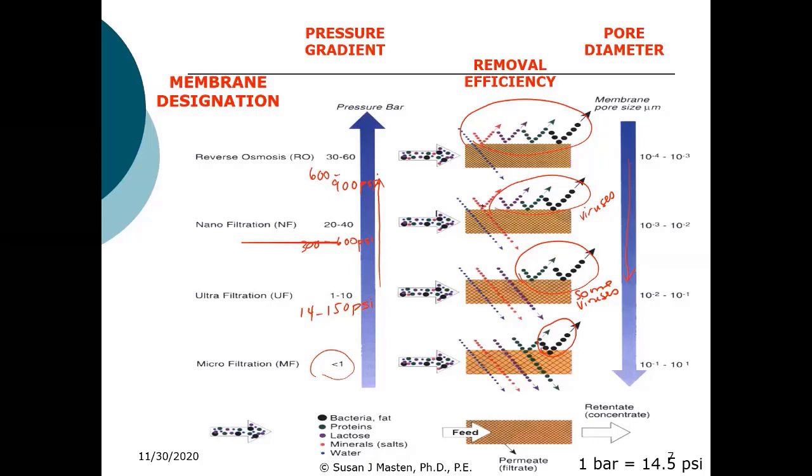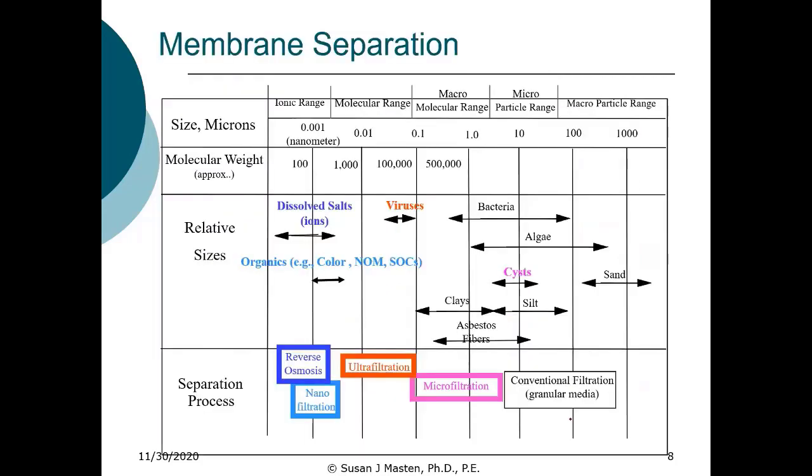We may be able to get some removal of these same ions with a tight nanofiltration. You can see there's some overlap in terms of both the pore diameter and the pressures that are used. This is just another image to show you what we're removing. We've talked about granular media filtration. When we're looking at, for instance, sand filtration, we're looking at removing particles in this range.